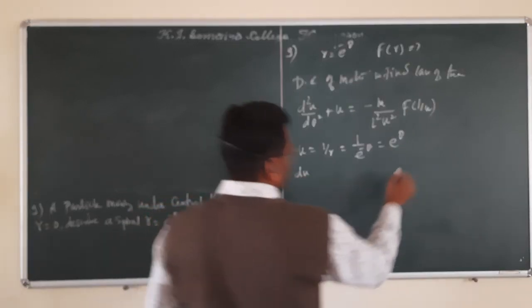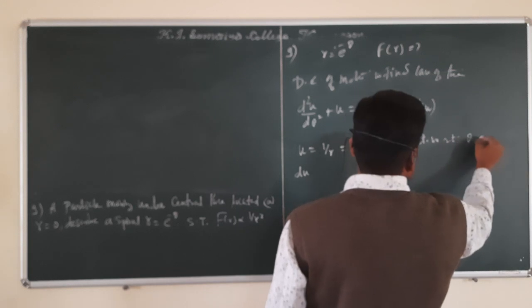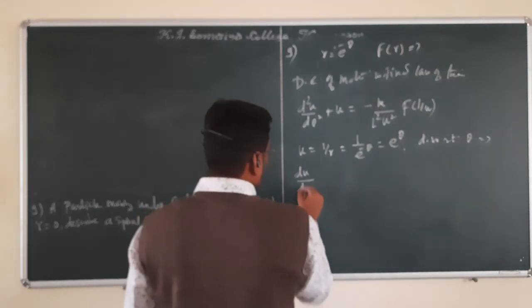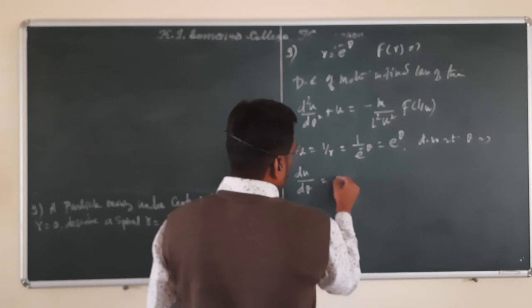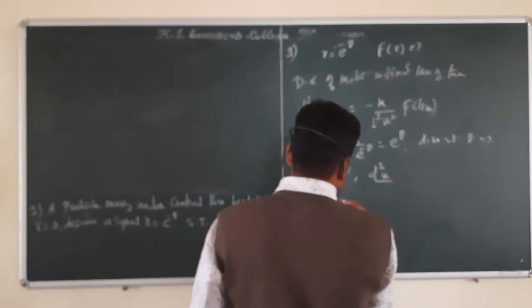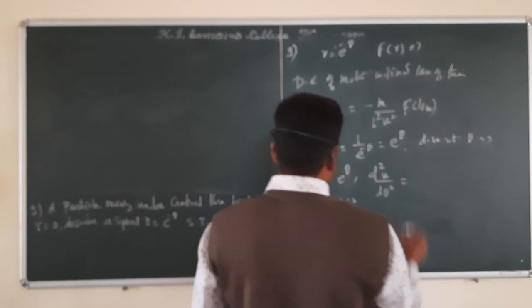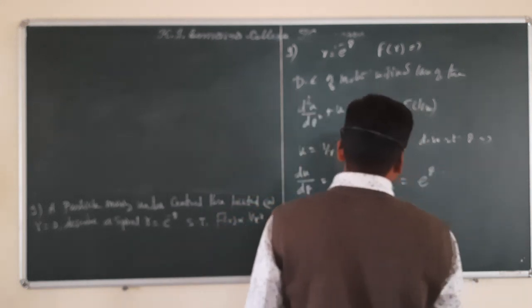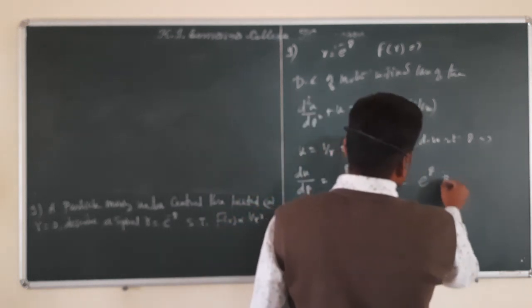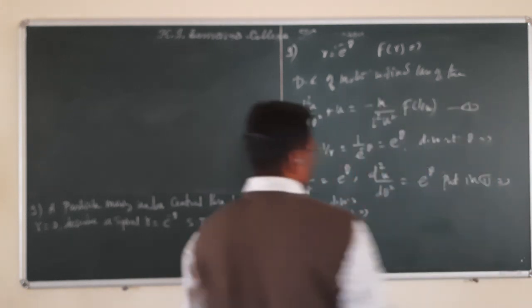Now differentiating with respect to theta we get du by d theta is equal to e raised to theta. Again differentiating with respect to theta, we get d2u by d theta square is equal to again e raised to theta. So put in equation 1. So this is equation number 1.